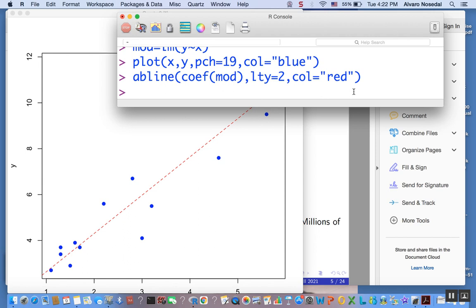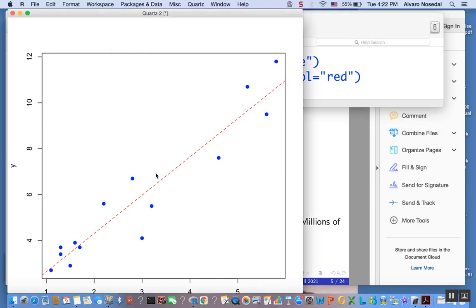And of course, the first assumption is that something like that dashed red line is going to be a good approximation to the relationship between x and y, meaning that the association between predictor and response variable is roughly linear.